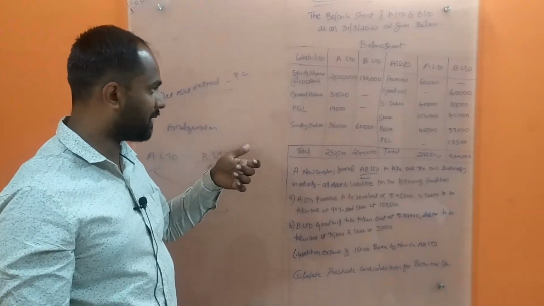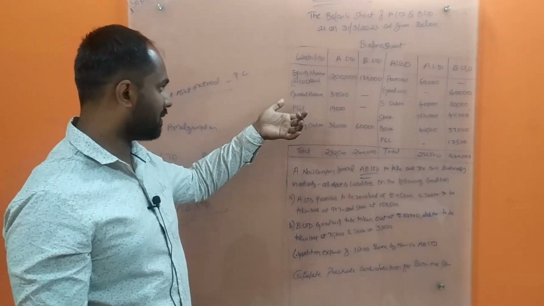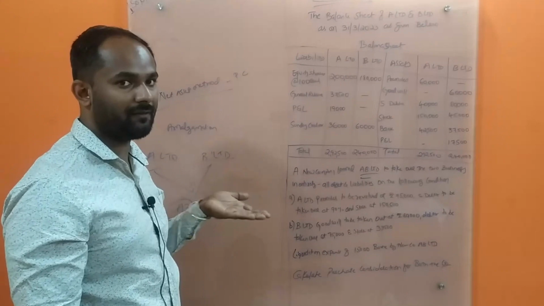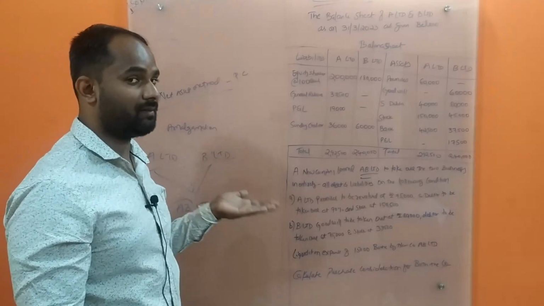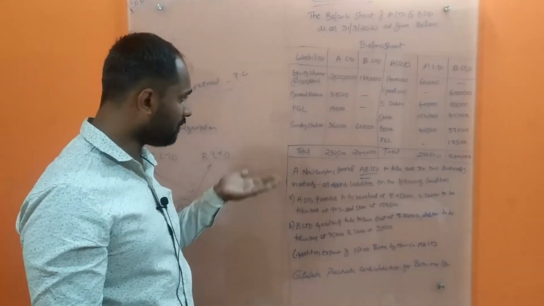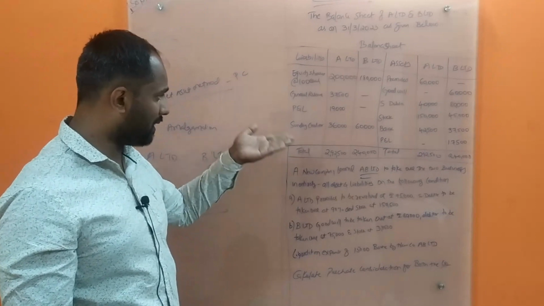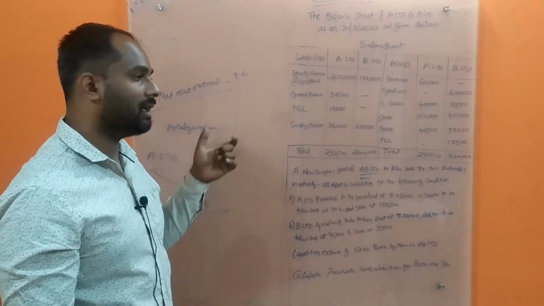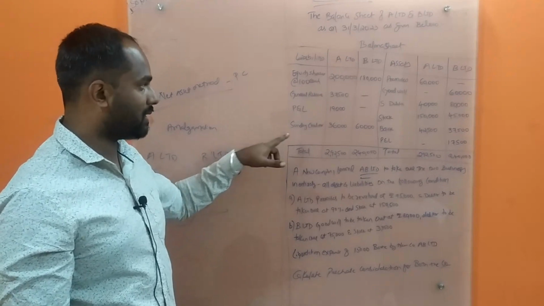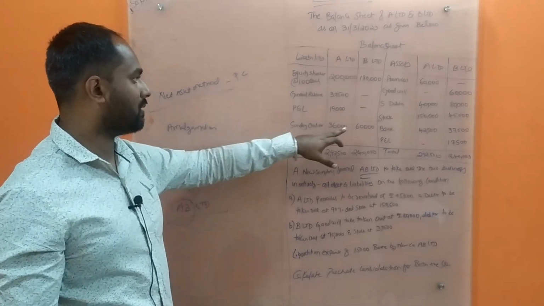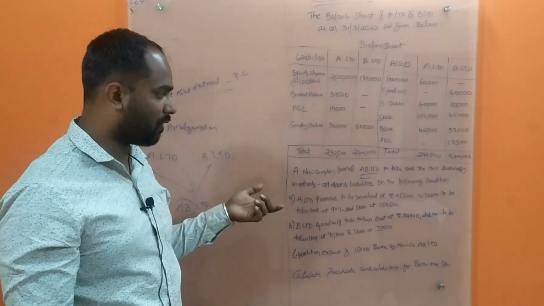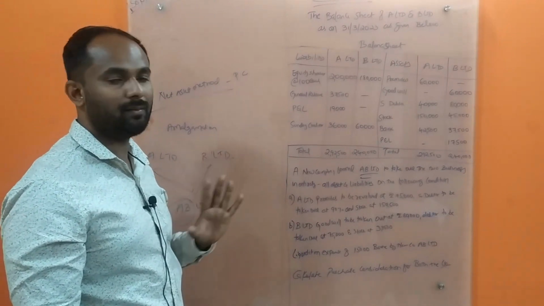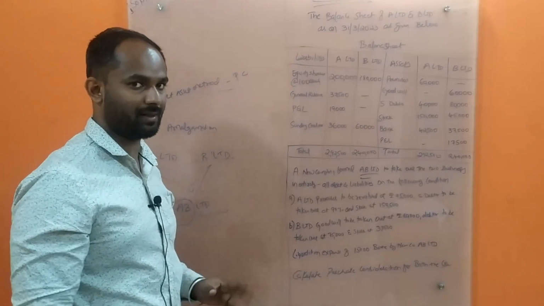General reserve will also not be considered because it is a fictitious item. When calculating purchase consideration, fictitious assets or liabilities will not be considered. Only sundry creditors will be considered, at 36,000 and 60,000. Nothing is mentioned about liabilities revaluation, so we consider book value and calculate the purchase consideration.